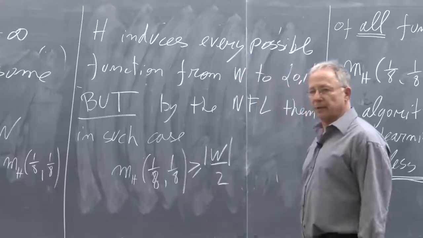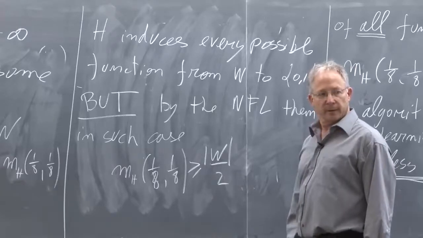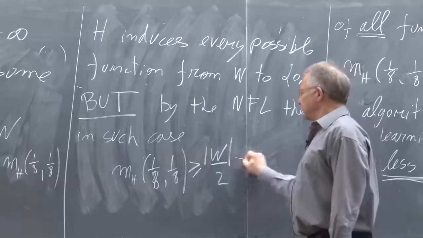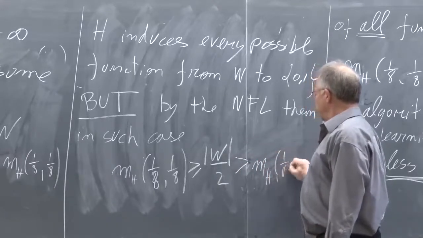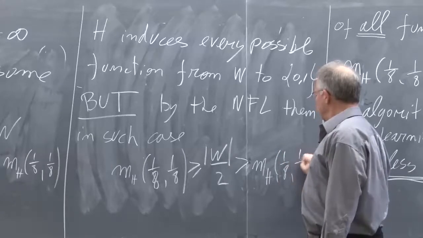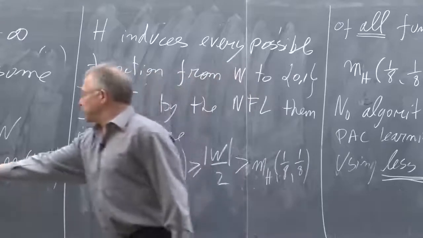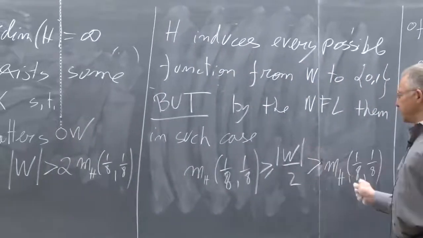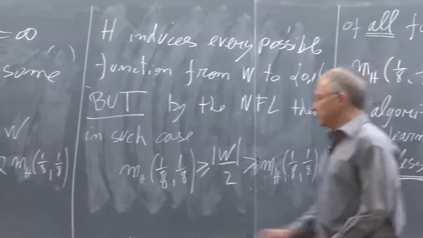That was the no free lunch theorem. But W over 2 was greater than MH of 1 over 8, 1 over 8. That's how I picked W. I picked W greater than twice this, so W over 2 is greater than this. So we got a contradiction.